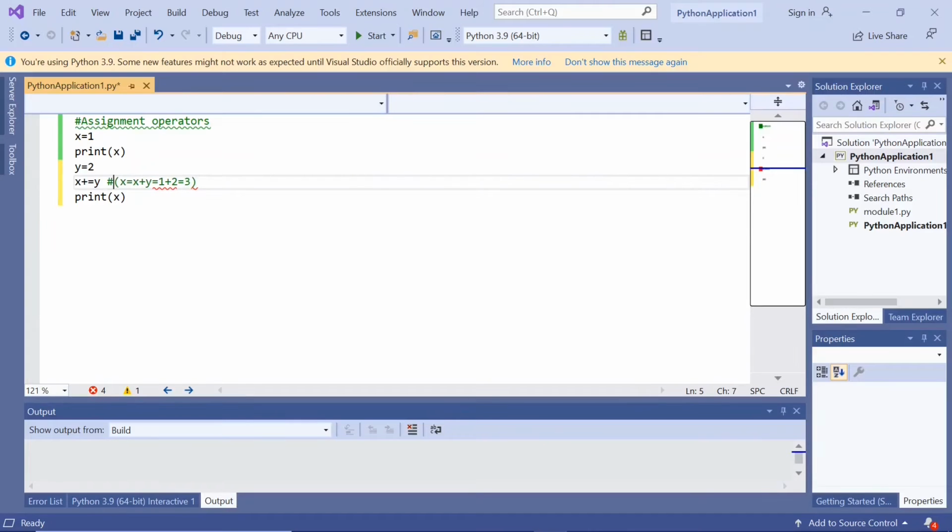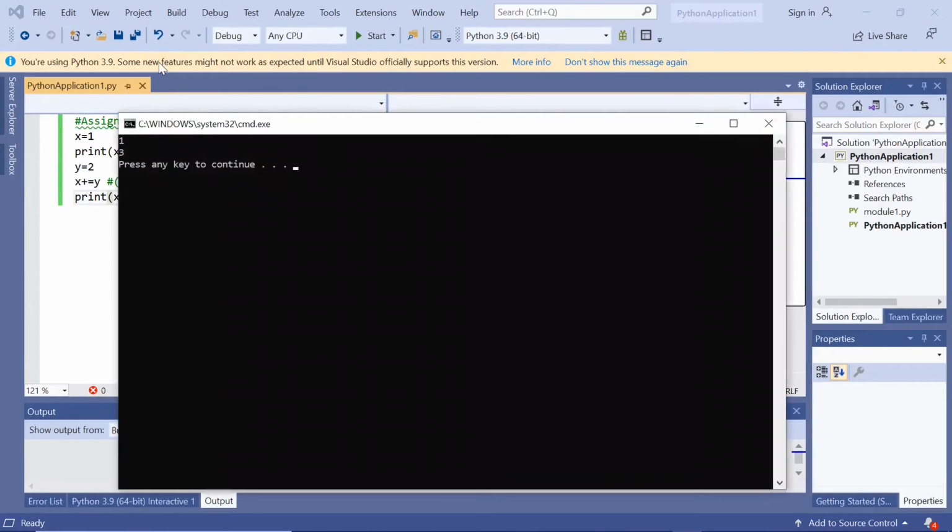Let's comment this part out because this is just an explanation. Now debug, and it has printed 3.